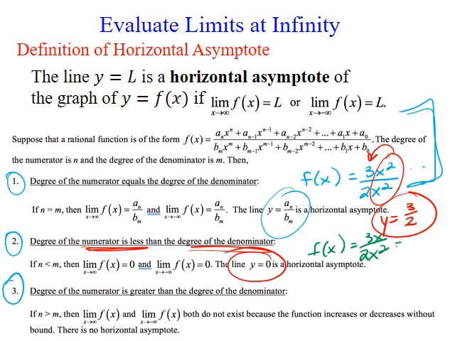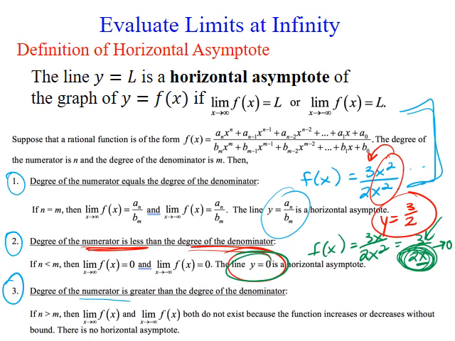It becomes 3 over 2x. As x gets bigger and bigger, the denominator is getting bigger, and the numerator is remaining the same. So if the denominator gets bigger, like 3 over 20, 3 over 200, 3 over 2,000, 3 over 2 million, this is approaching 0. So the horizontal asymptote is 0.